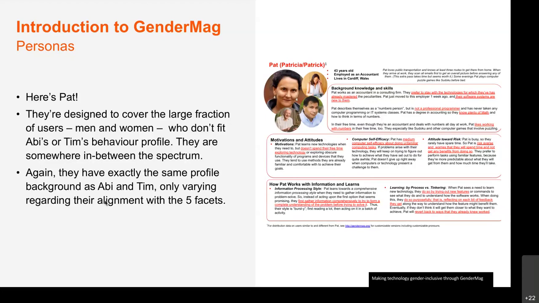So they could be women, they could be men, or they could be people who identify as non-binary. It's more important to think about it as a certain point along the spectrum that has these combinations of facet values, right? And so you could actually treat Pat as somebody who's non-binary. That is completely up to you.